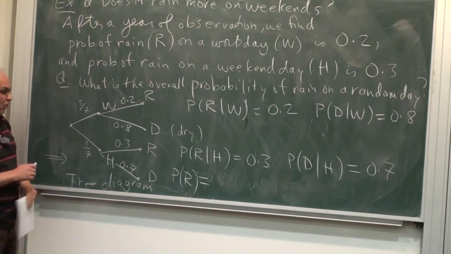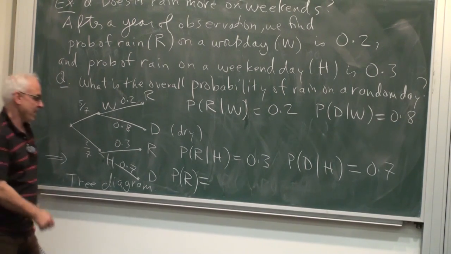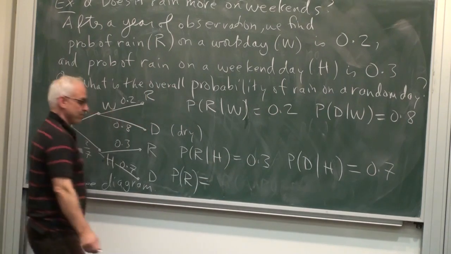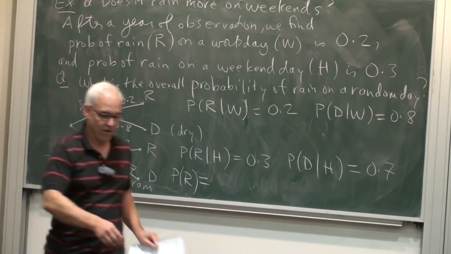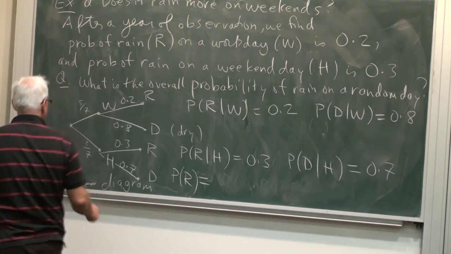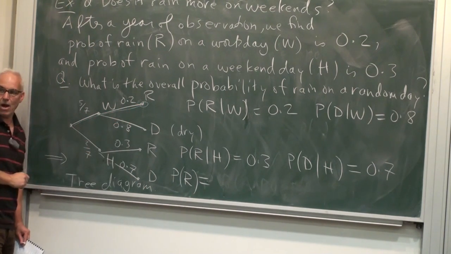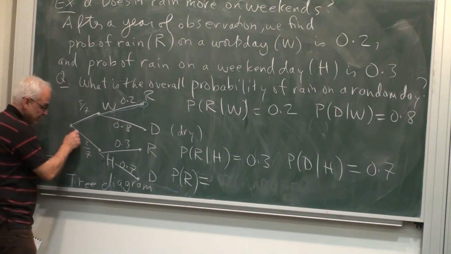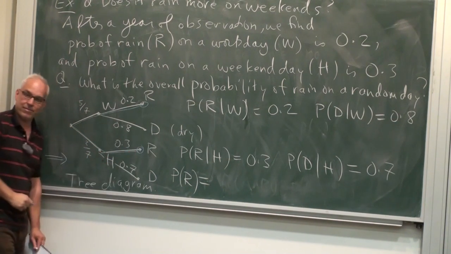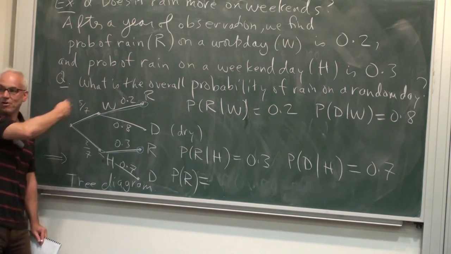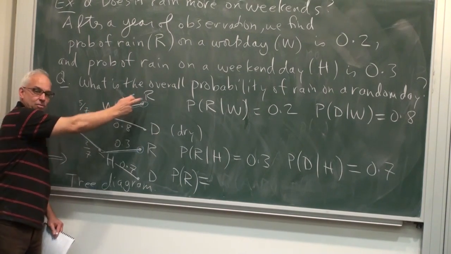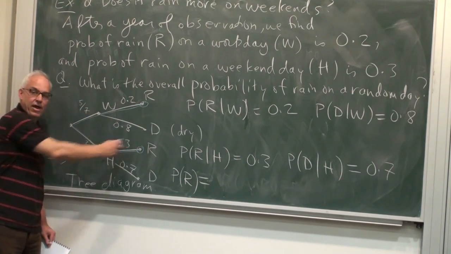The total probability rule in this case says that it's the sum of two terms, one corresponding to this way of reading the diagram of getting a rain outcome, and the other one is this way of getting a rain outcome. There are two possible ways that it could rain. It could either rain on a work day or on a home day.